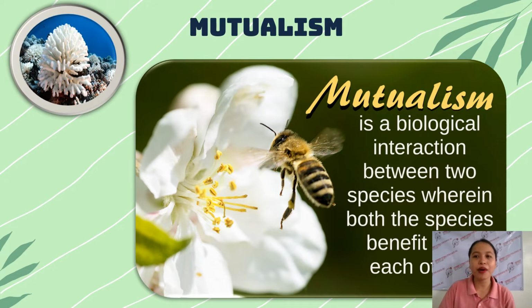Okay, like for example, digestive bacteria and humans. This is an example for mutualism. Human beings have what are often called good bacteria. We have good bacteria in our body and in the digestive system.